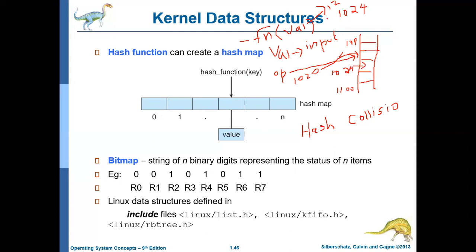But assume now I give another input, say 15. If for this 15 also it produces 1024, then such a scenario is called hash collision. For the input 12 the hash function produces 1024 and for 15 also it produces 1024.